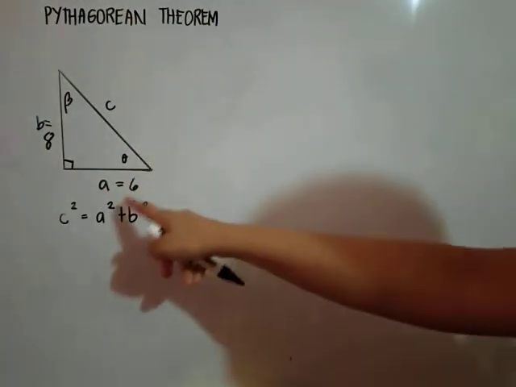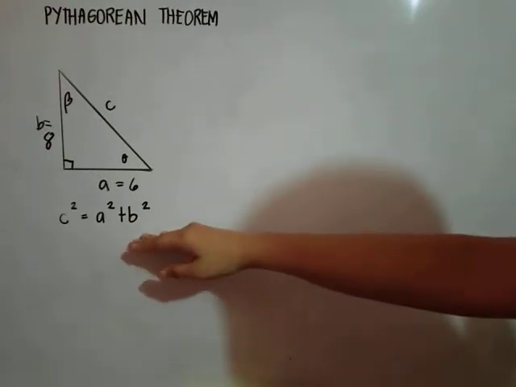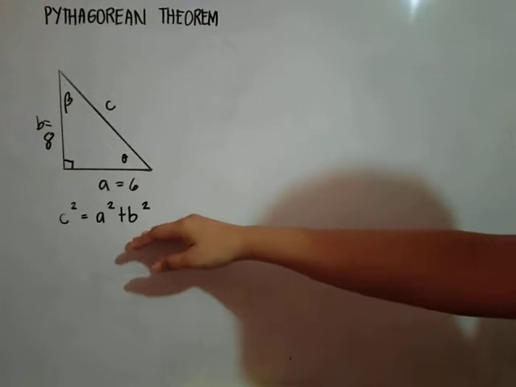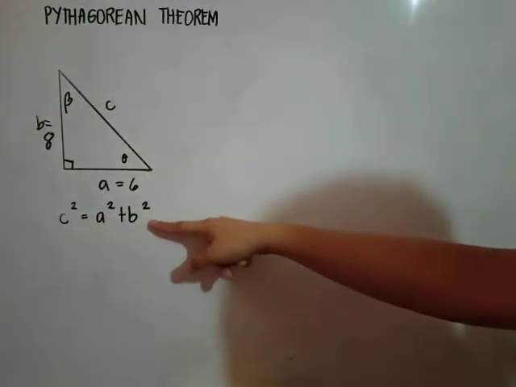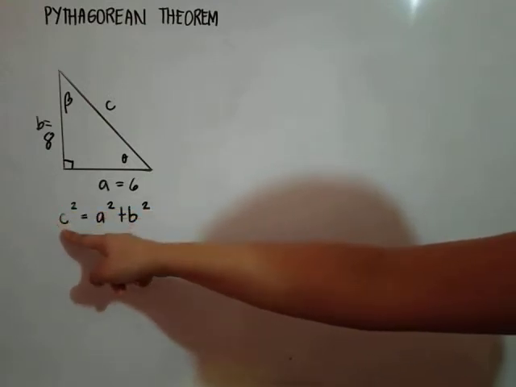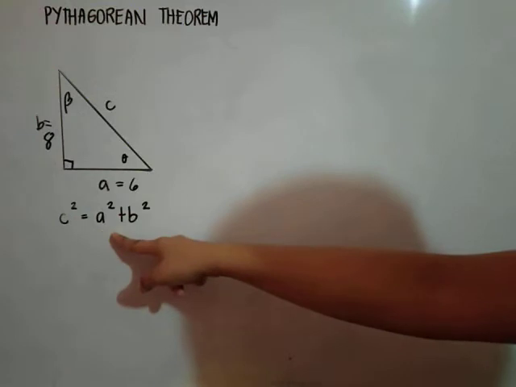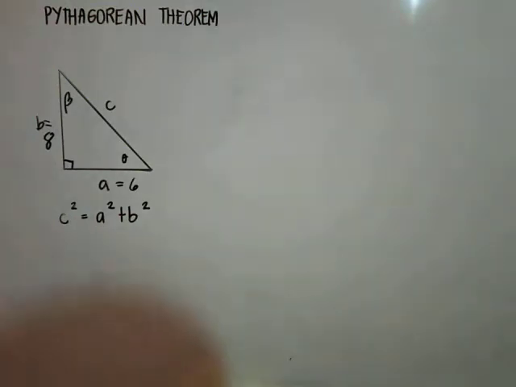So dapat masatisfy na niya itong condition ng Pythagorean theorem, wherein yung relationship ng sides ng right triangle is yung hypotenuse daw, yung square ng hypotenuse is equal to the sum of the squares of the two other sides.